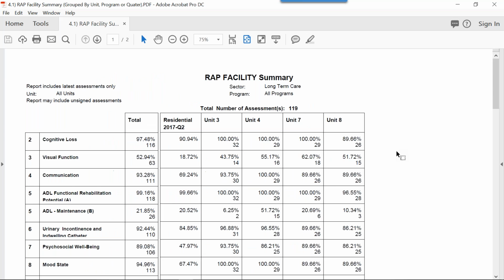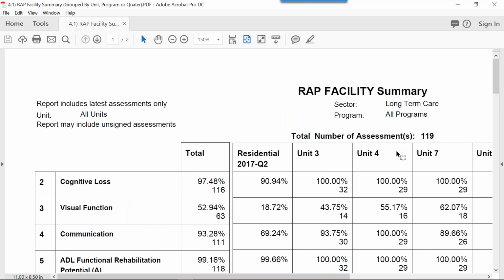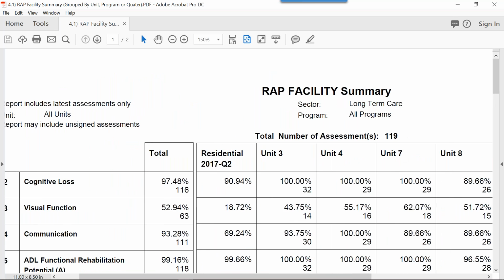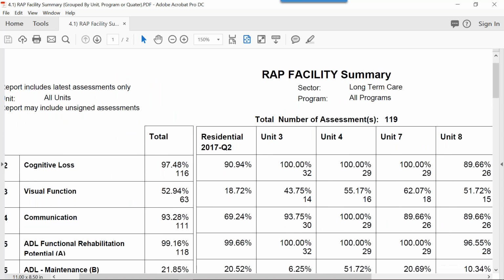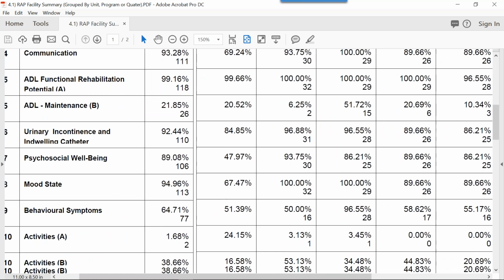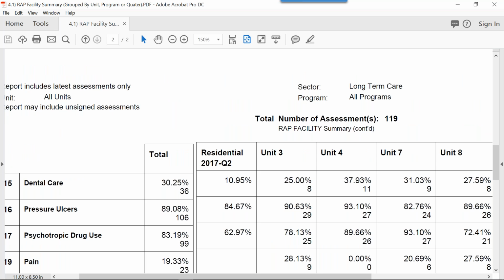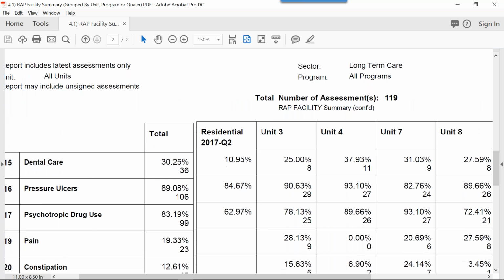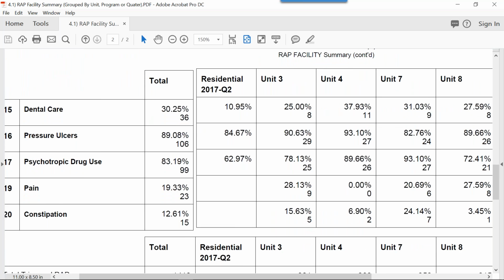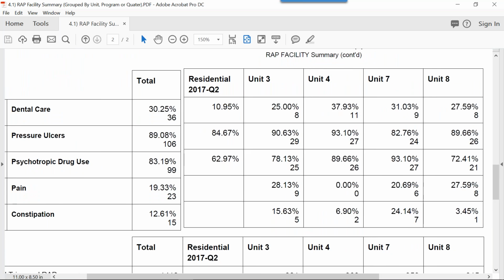And again, I'm going to bring that up so you can see that a little better. And let's take a look. And I'm going to go to the more interesting outcomes. I'm going to look at that psychotropic one. Pressure ulcers, pain, constipation. Okay, so you can see here that provincially, 85% of people are at risk.